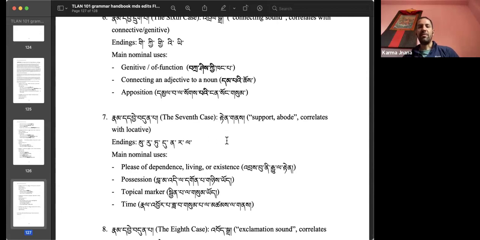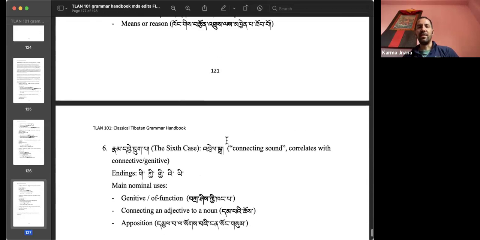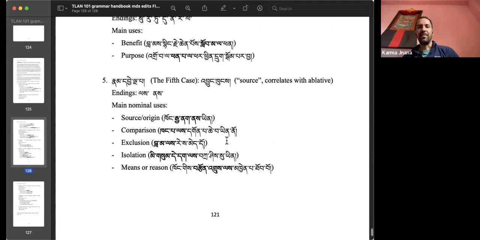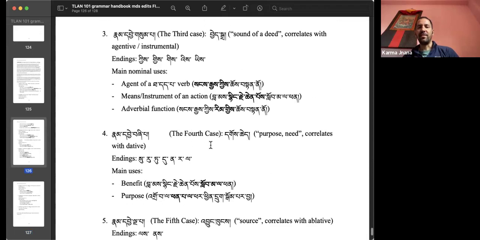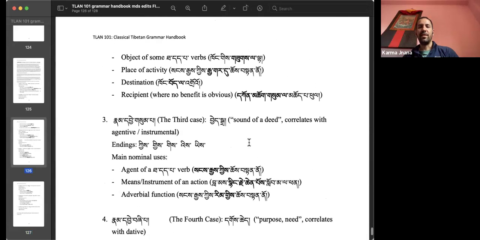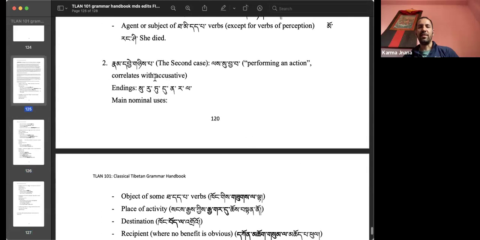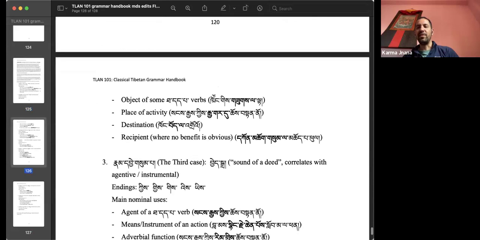So something good to keep in mind is that out of these eight particles, three are ladon, which are the seventh case, the fourth case, the purpose of, and the second. These are all ladon. So ladon covers a lot of ground.